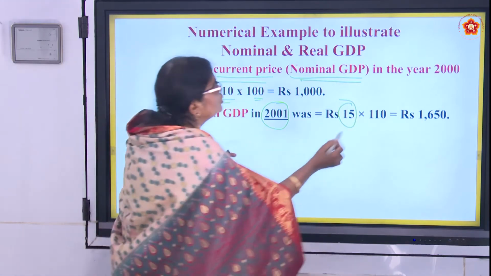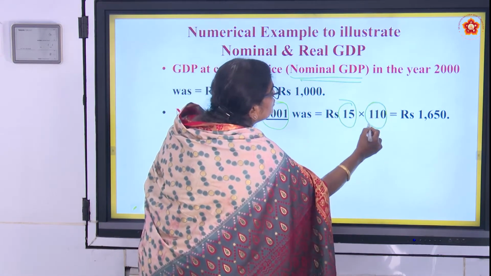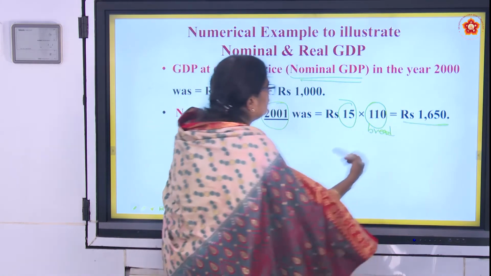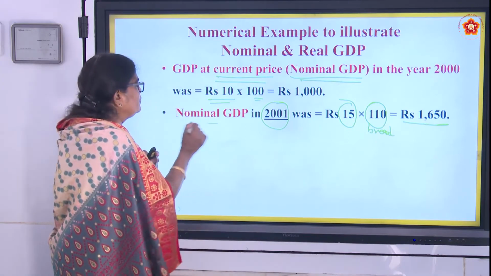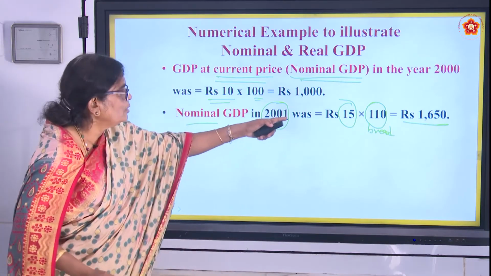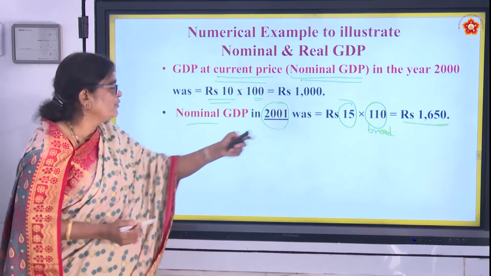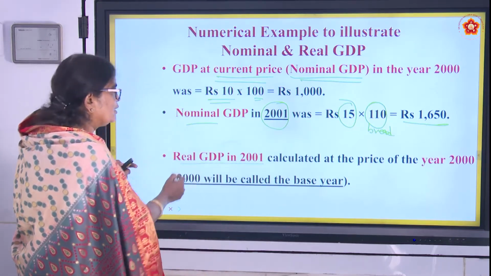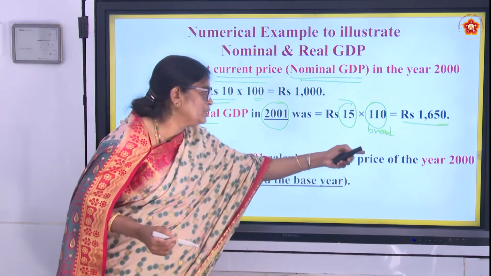And the production of bread is 110 units. Therefore, what is the GDP in 2001? Nominal GDP: rupees 1650.